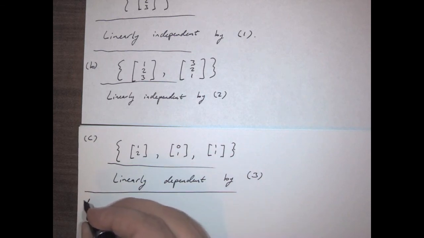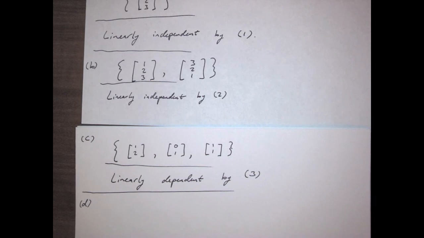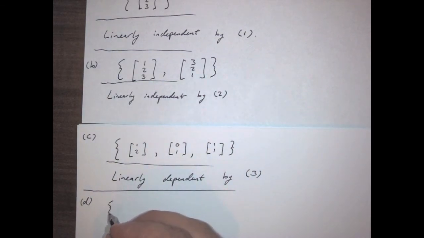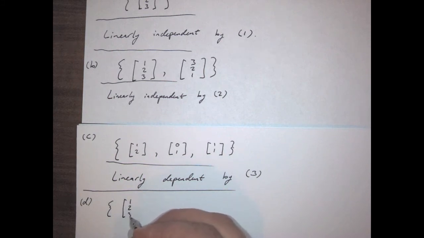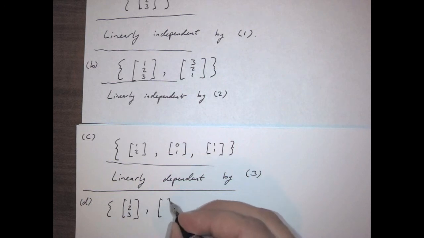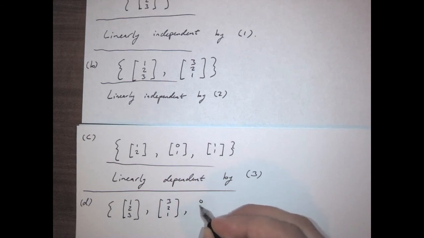And then lastly here, obviously you can see the way the wind is blowing, I'm going to do something that is an illustration of property 4. So we're going to have a collection of vectors. Let's say 1, 2, 3, 3, 2, 1, 0, 0, 0.